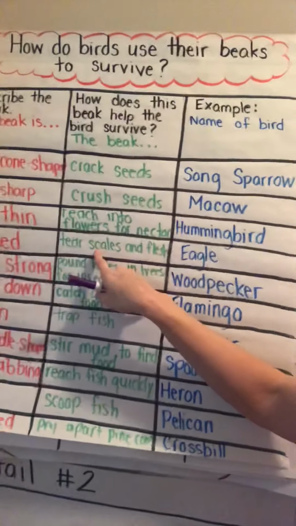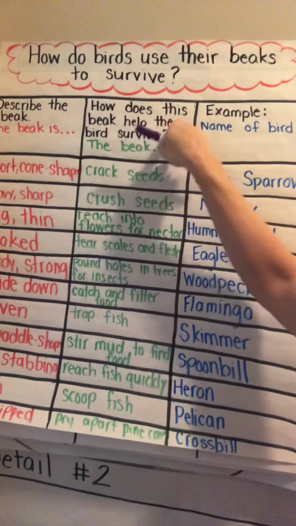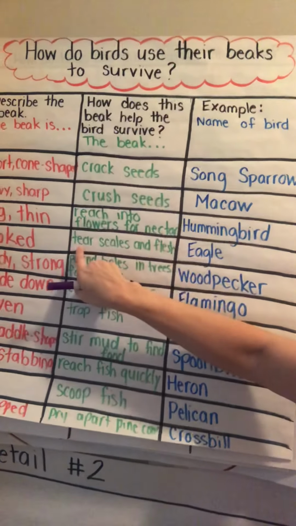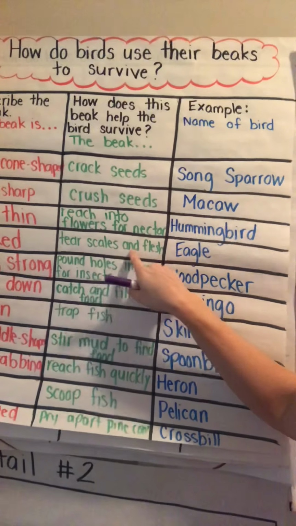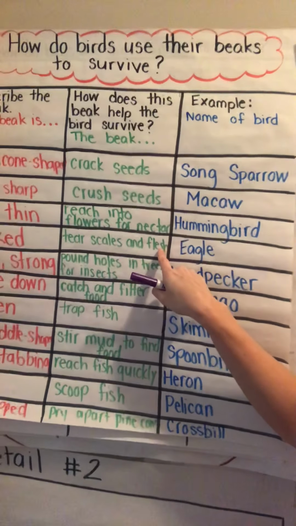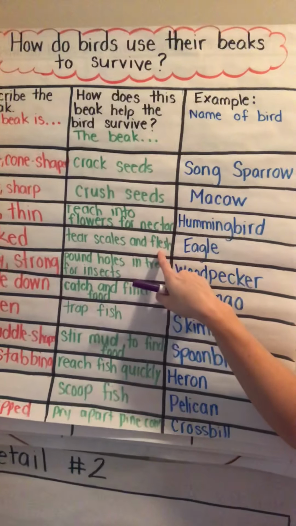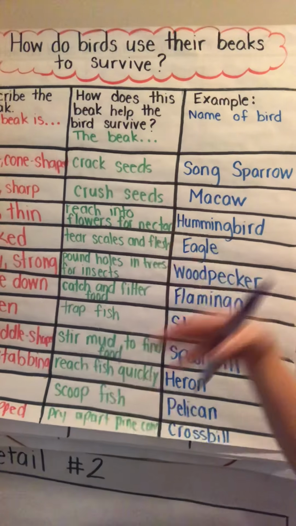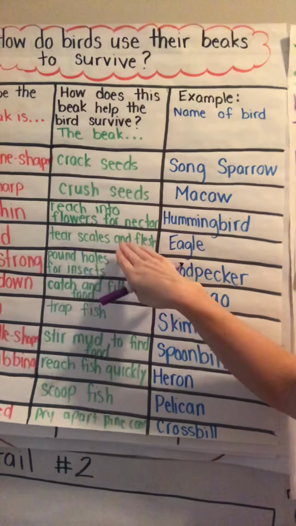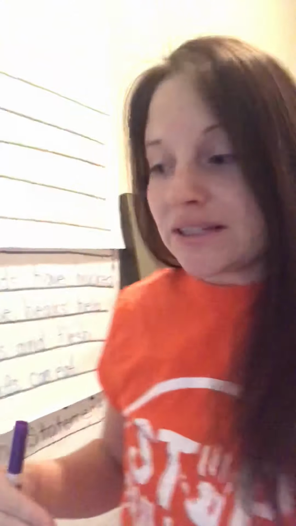Now that was step one of your detail. Step two, you remember we're talking about how the beaks help the birds survive. So now I had to go next door in our chart where it says, how does this beak help the bird survive? So here it said tears, scales, and flesh. And again, is that a complete sentence? No, so I had to turn tears, scales, and flesh into a complete sentence.